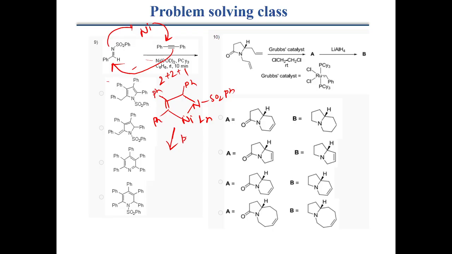And one molecule of phenyl alkyne further inserts. So 1,2 insertion happens. Nickel is electropositive, this is electronegative. So this reacts this way, and this will react onto the nickel center.